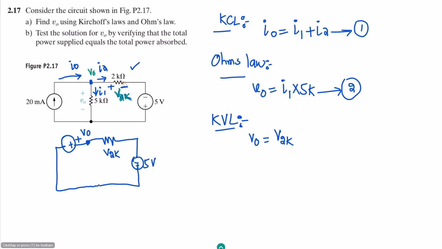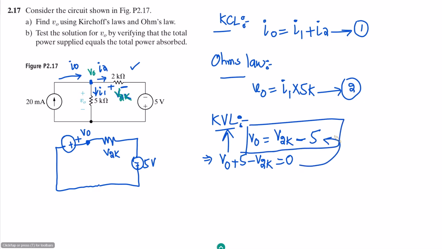So from this one it will be subtracted because it is of the same polarity as V naught, so it will be minus 5 because of this 5 volts. In a single equation we get V naught plus 5 minus V2K equal to 0, and that is the KVL. The equation we got is this one, let me call it equation 3.